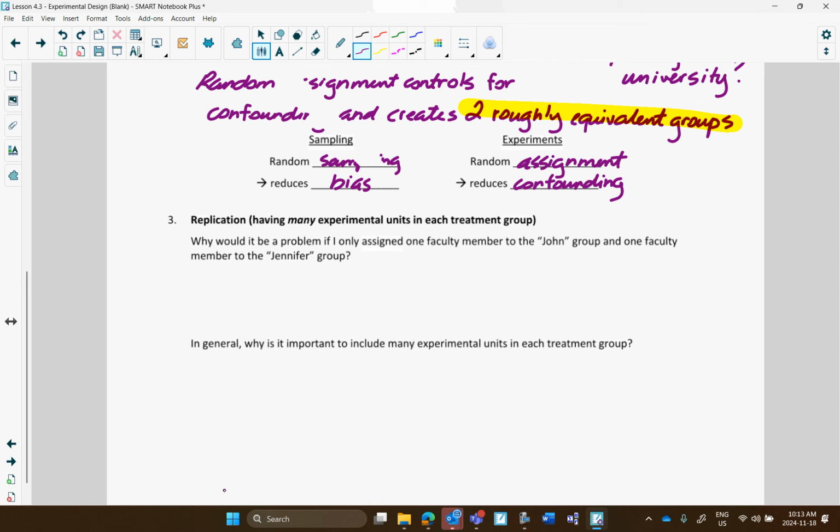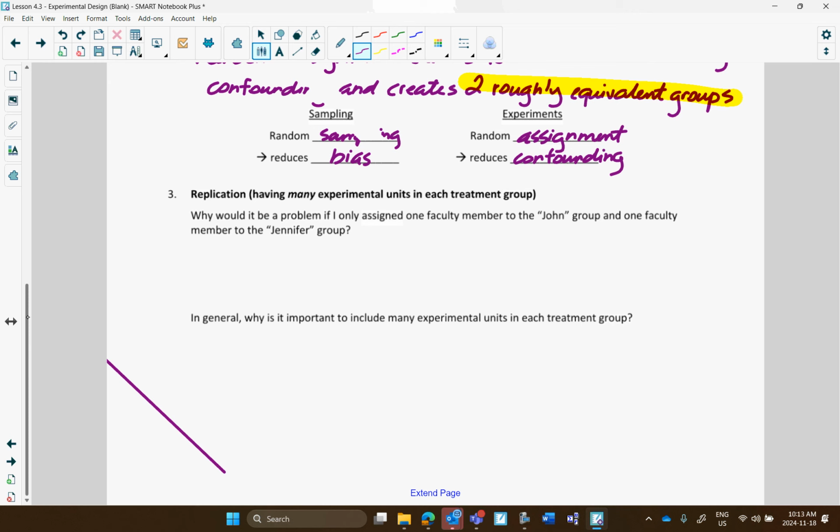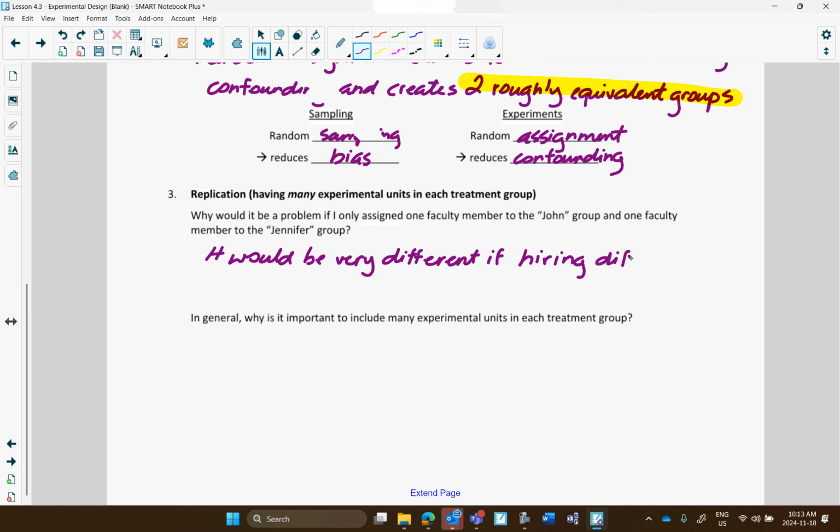Okay. So it would be very difficult to sell hiring differences because of gender, or the differences between single applicants in each group.